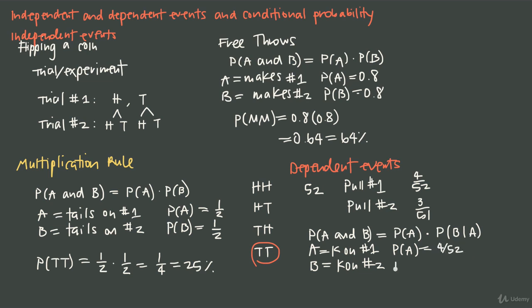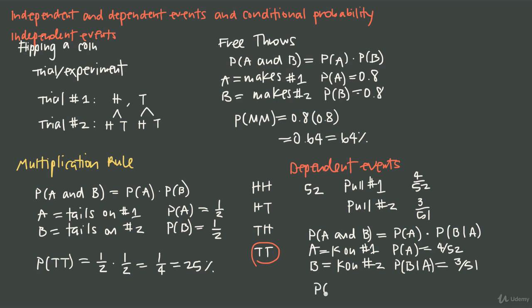But the probability of event B, given that A has already happened, the probability of pulling a king on the second trial depends on the result of A. Assuming that we pulled a king, the probability of pulling a king the second time is 3, because there are only 3 kings left in the deck, divided by 51, because there are only 51 cards left in total.